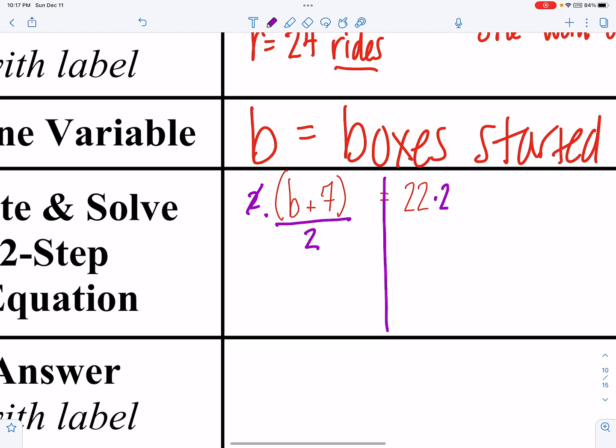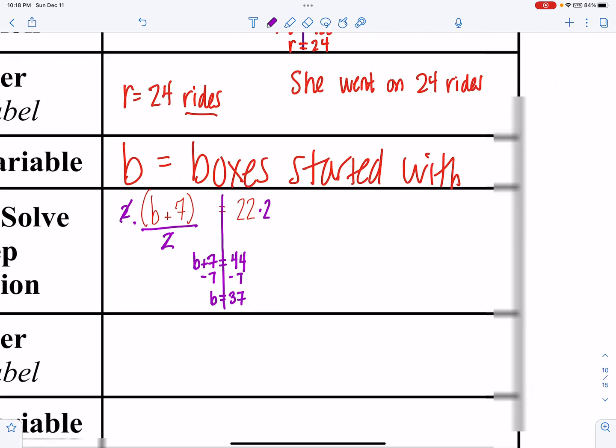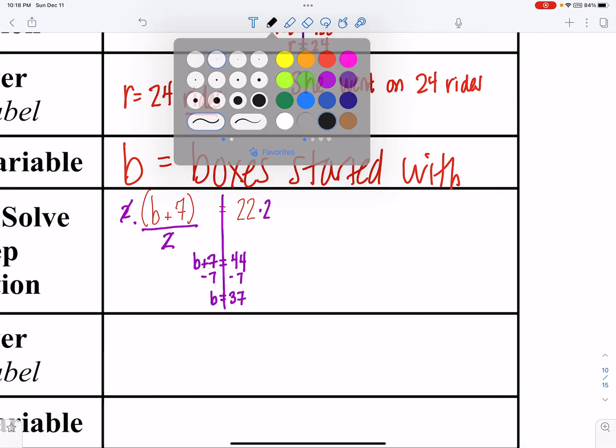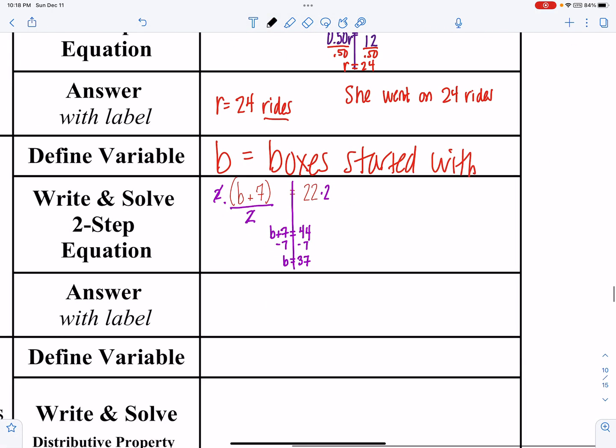Okay, and that cancels that out, and we're left with B plus 7 equals 44. And now I can go ahead and subtract 7 from both sides, and we end up with our B equals 37. So let's go ahead and write our official answer.